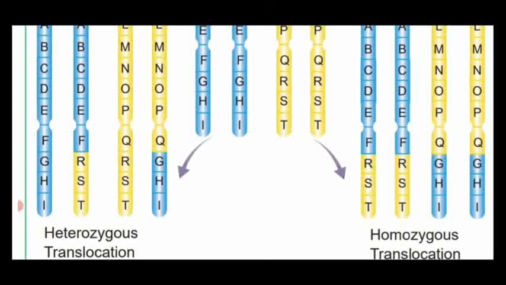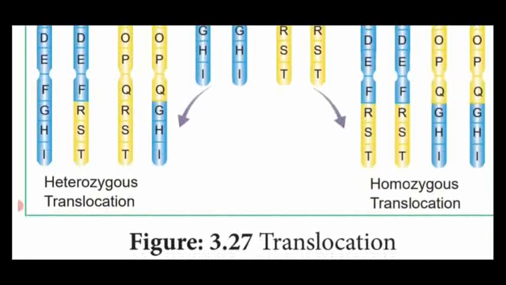So mutually they are exchanging their chromosomal segments. The translocation takes place in all the chromosomes, that is two pairs of chromosomes. That condition is known as homozygous translocation. But in the heterozygous, the exchange takes place in only one type of chromosome. This is translocation under the types.